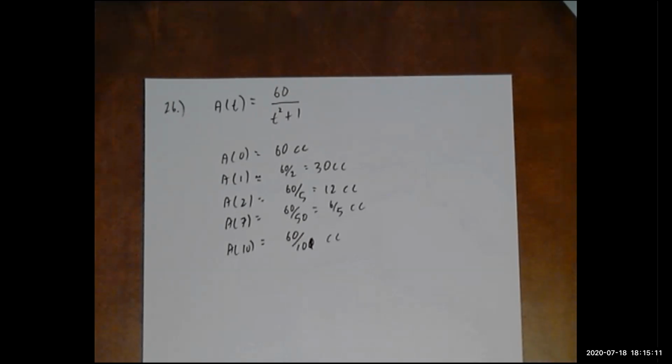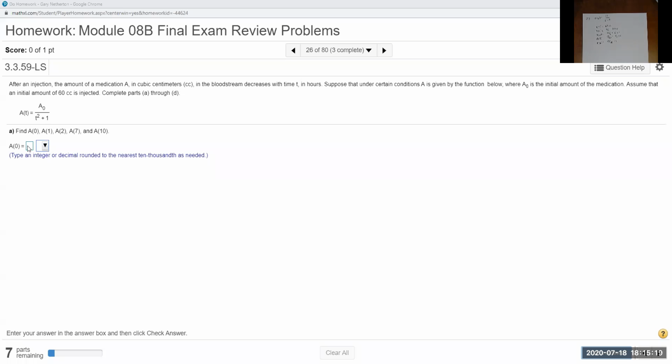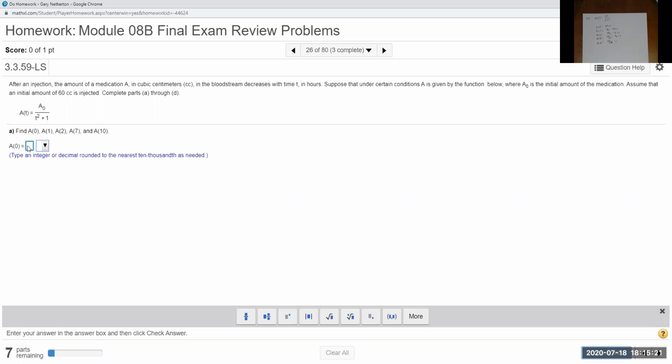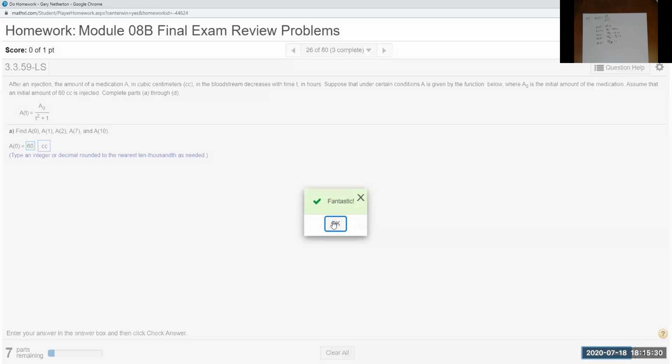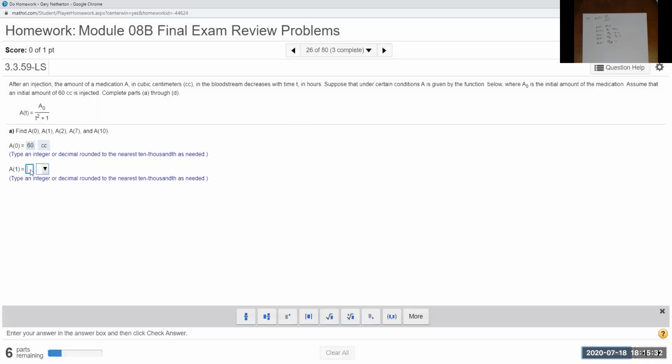So let's enter these answers. Hopefully they're all correct. So this is 60, and of course the units are cc's. And then at 1, it's 30 cc's.